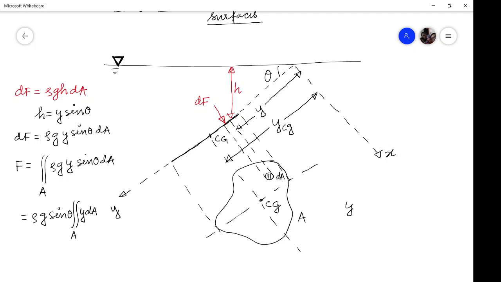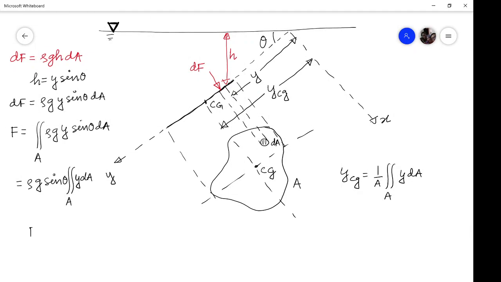So this y cg will be equal to 1 by A times the area integral of y dA, that is the first moment of area. Therefore I can write this expression of F as rho g sine theta times A y center of gravity.